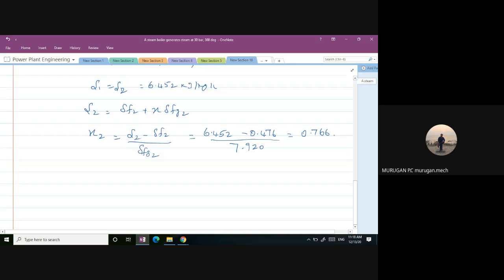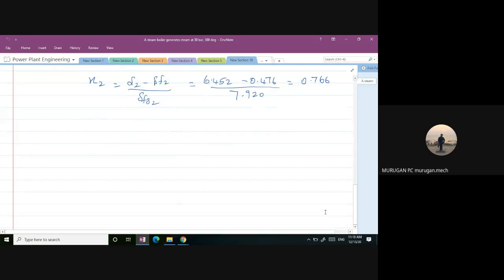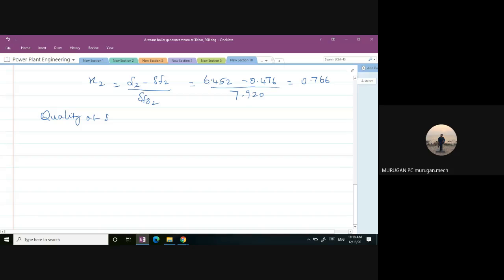That is the condition of the steam; the dryness fraction is 0.766. So the steam is 76% dry. So the quality of steam after expansion is this.